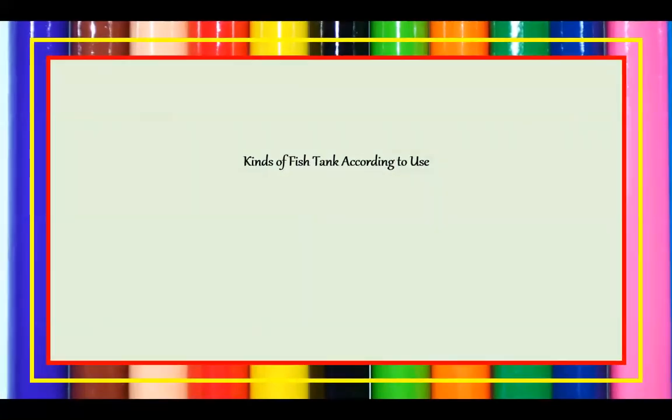So for the kinds of fish tank according to use, the first one, of course, is the natural food production tank. This is intended for growing and production of natural food such as phytoplankton and zooplankton. Then we have the larval rearing tank, which is where the fish fry and the larvae are grown into post-larval stage.